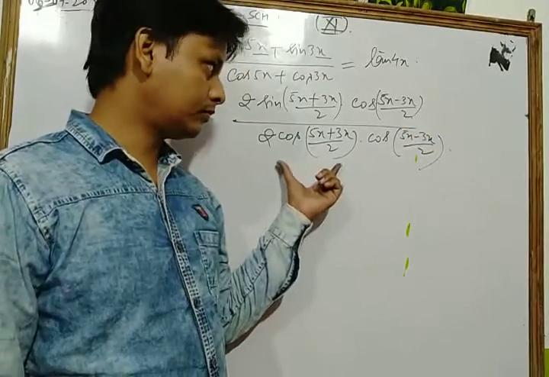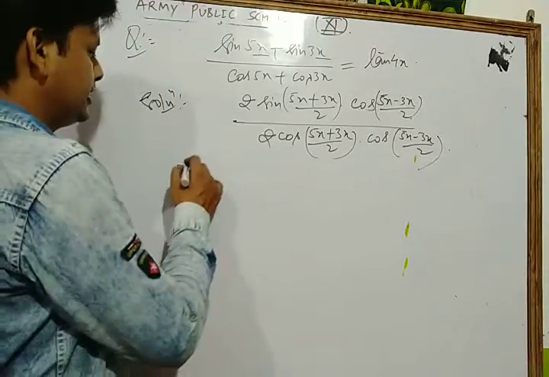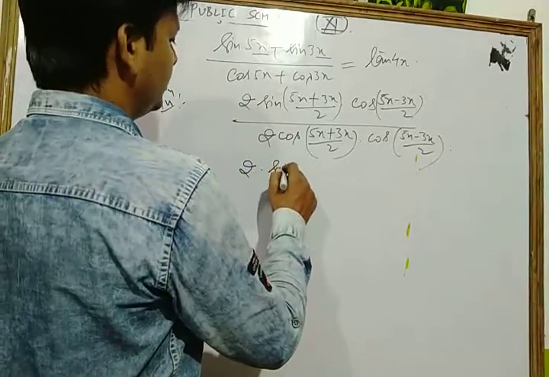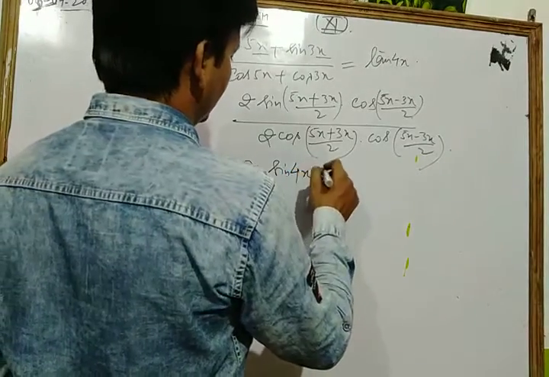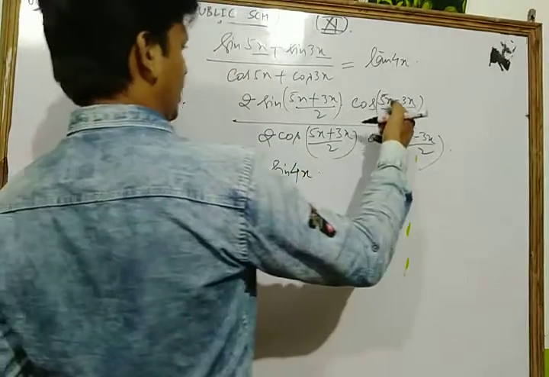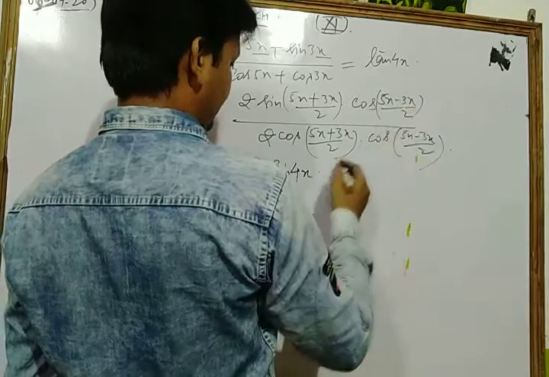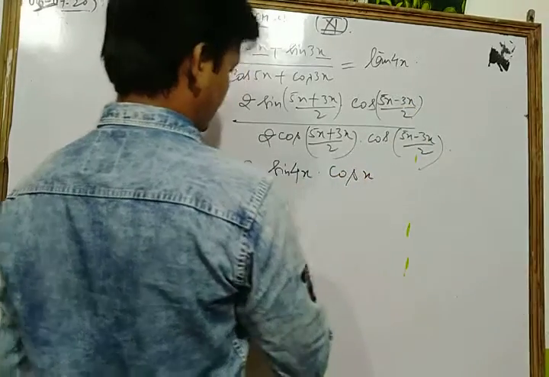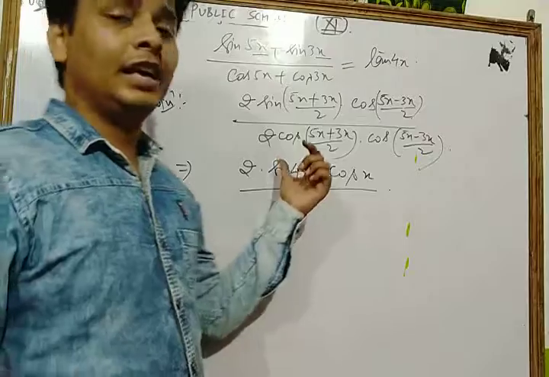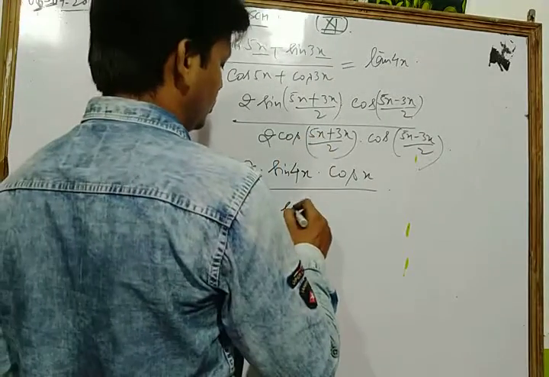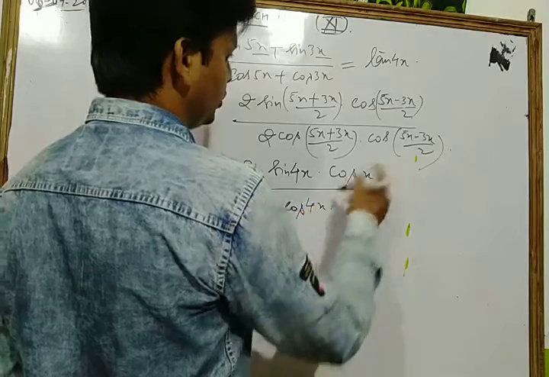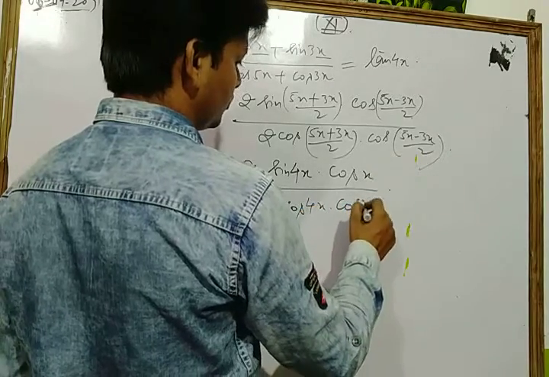Okay. Now let's see, that is 2 sin of (5x plus 3x) which is 8x upon 2, that is 4x, into (5x minus 3x) that is 2x upon 2, that is cos x, upon, in the denominator, 2 into cos 4x into cos x.